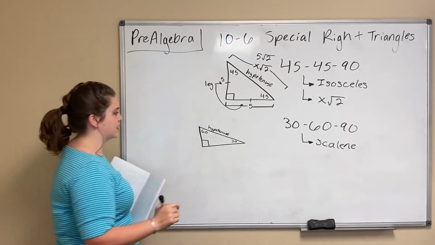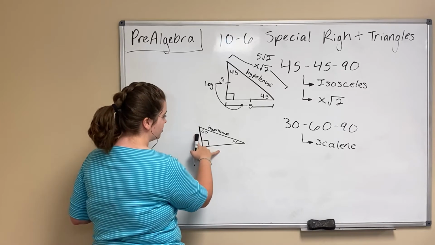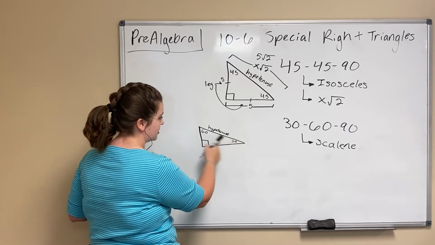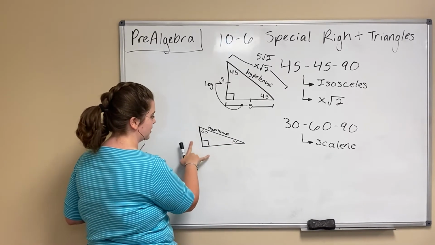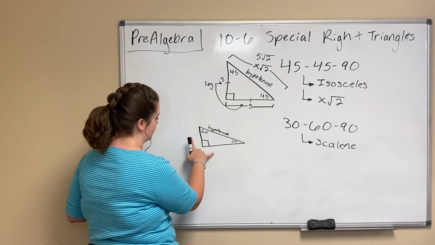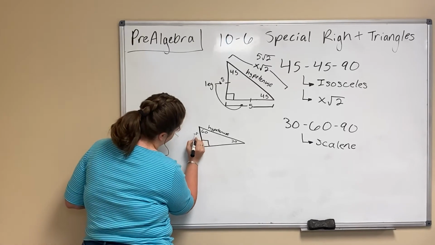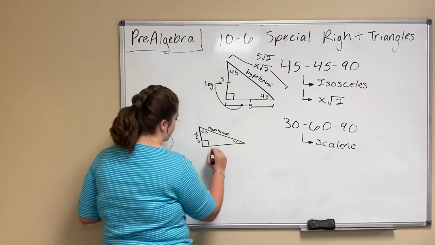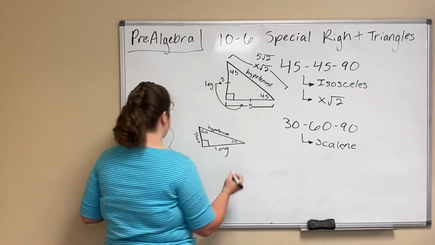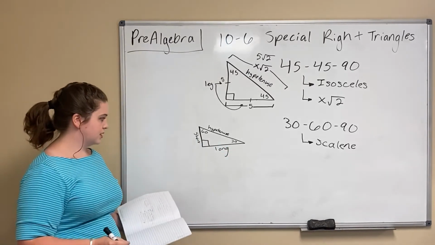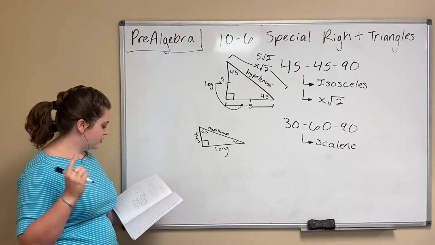Everybody see that? They're still both legs, and the very longest side is the hypotenuse. But when you're looking at the legs, the short leg and the long leg, I'm going to label them short and long.